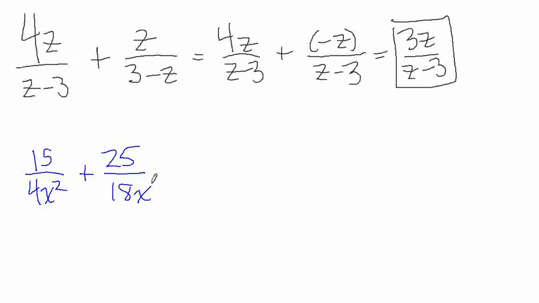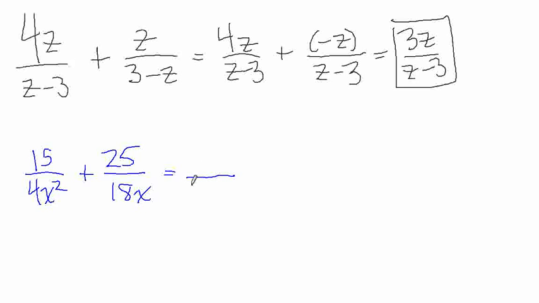First of all, let's get the least common denominator, which is exactly what we would do if we had numbers. Here we're still going to have the least common denominator, but it's going to involve variables.